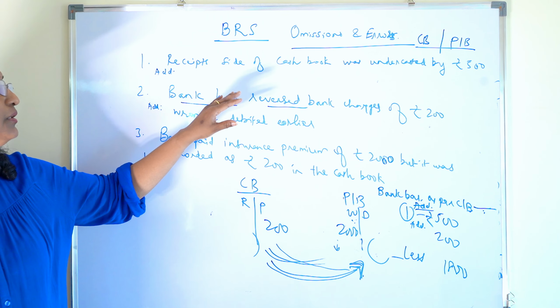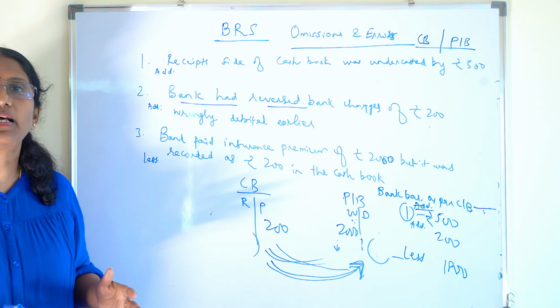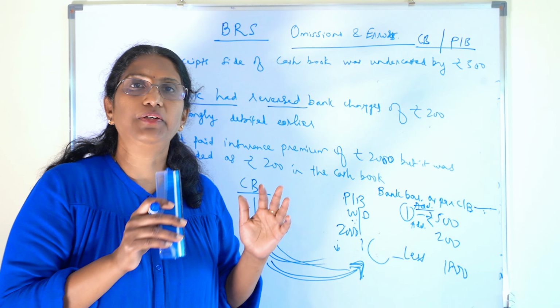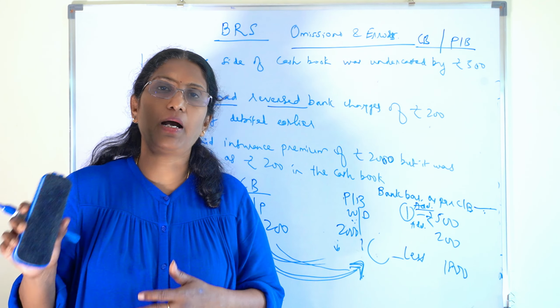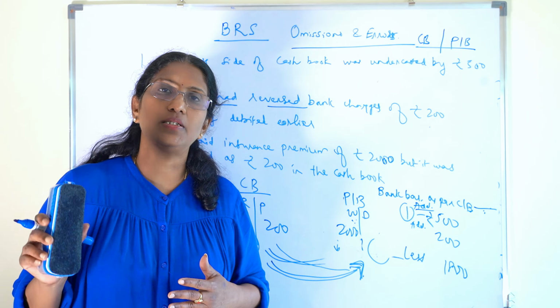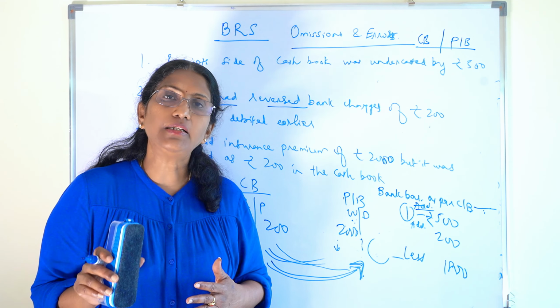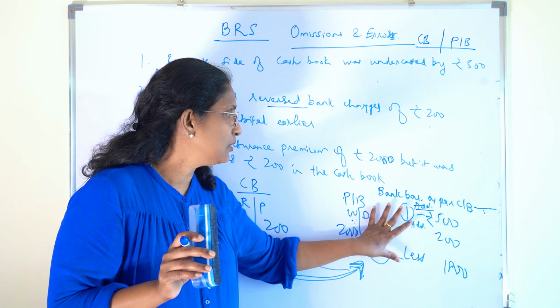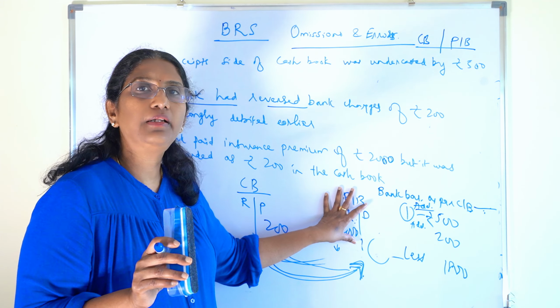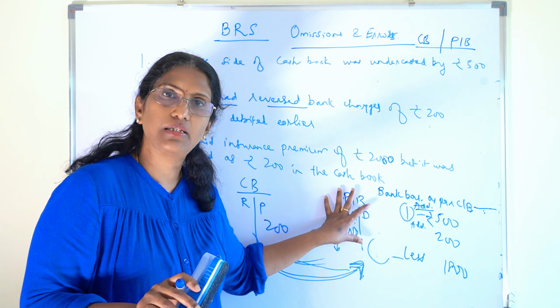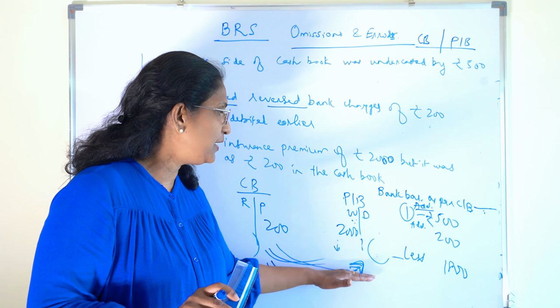Whenever there are omissions and errors, many errors happening in both books, try to compare the books. But whenever you are coming from the cash book to the passbook, do exactly what is done in the passbook. For the transactions recorded in the passbook, you add whatever is added and minus whatever is minused, because you are arriving there.